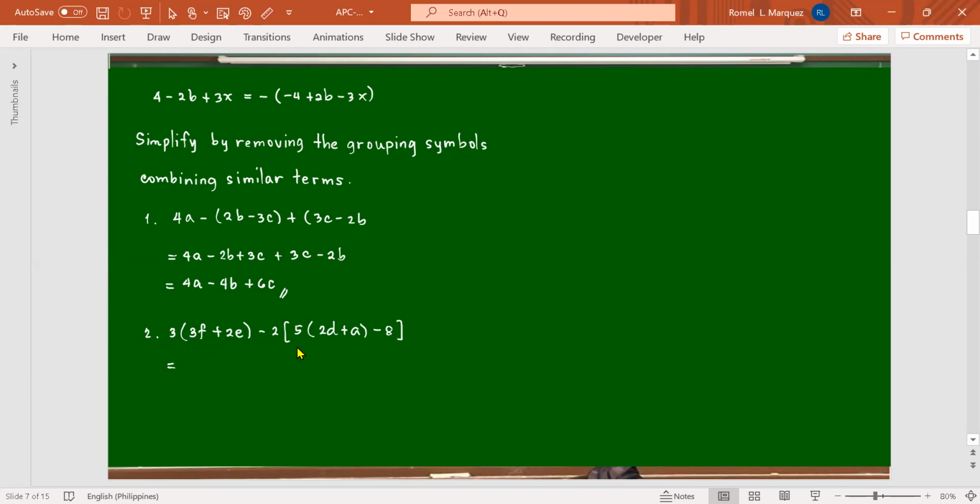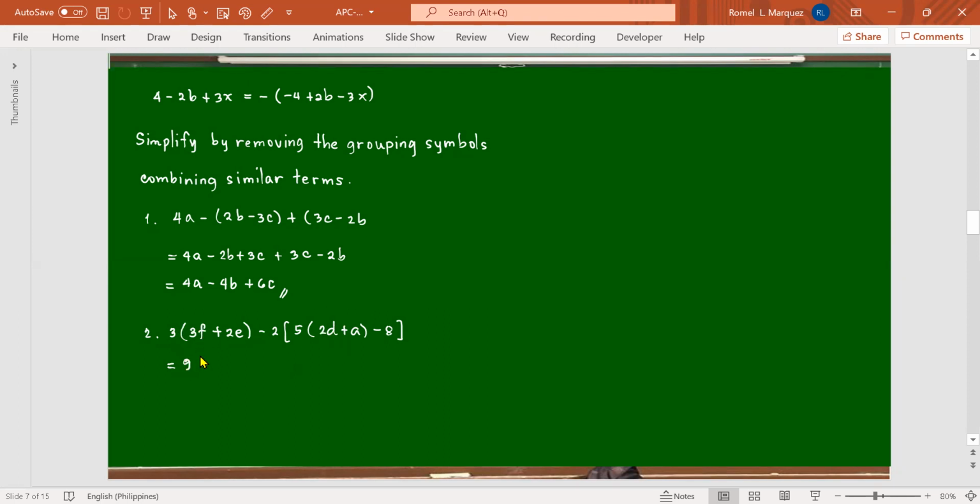This parenthesis is independent of the brackets. But this parenthesis inside here is priority, no? Inside bracket. So I can work with this and this independently, no?